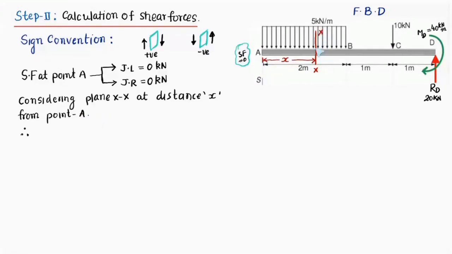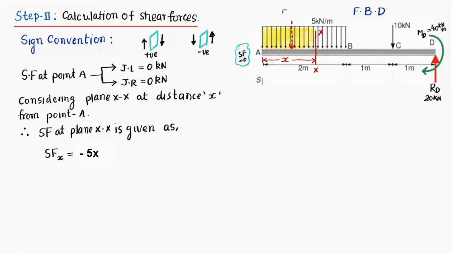Now we can find out the shear force acting at this particular location, the shear force at plane XX. Let's find the expression for that. I'll be writing shear force at x. If you see here, friends, this much portion of uniformly distributed load would cause shear force at this particular plane. So we'll convert this much portion of uniformly distributed load into point load, and that value would come as load intensity, that is 5 kilonewton, into distance x.